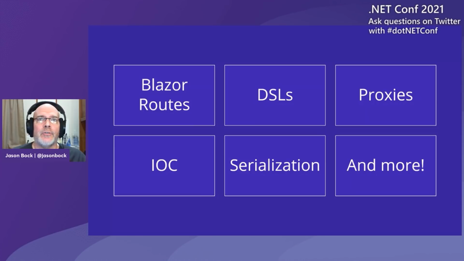And I've heard that they're looking at using source generators for regular expressions in a future version of .NET. So you're already seeing the team itself using source generators to make things faster and make things easier. So hopefully you can think of some things in your own code that you can change into a source generator.